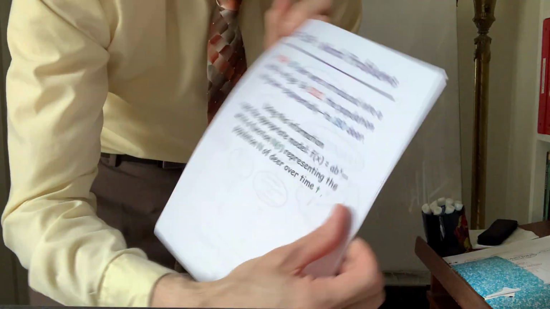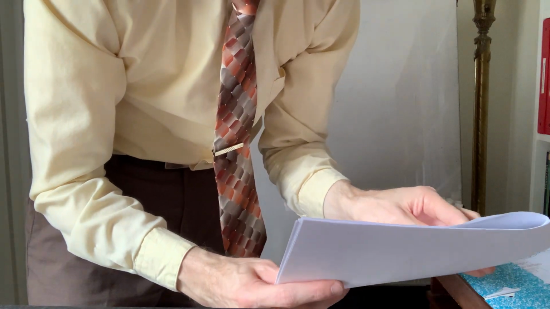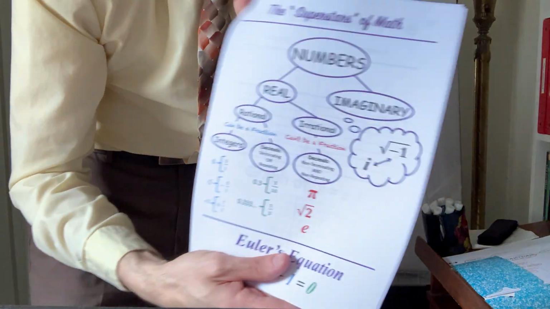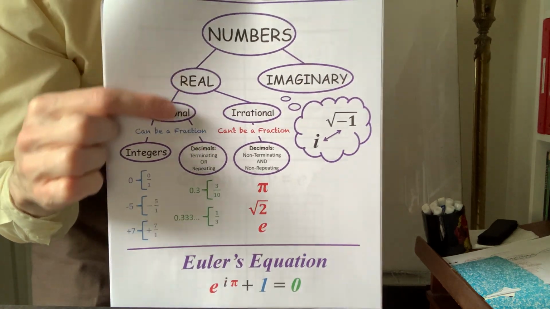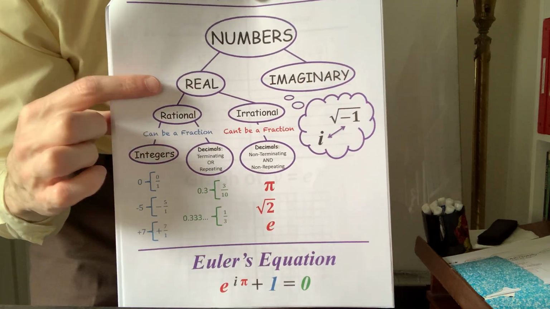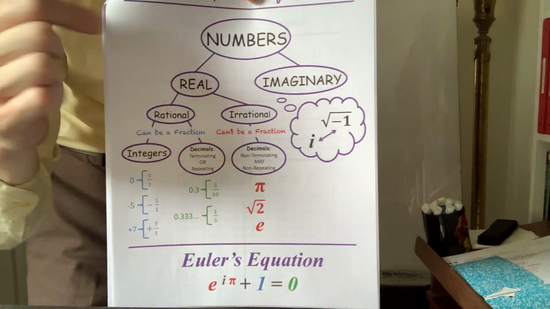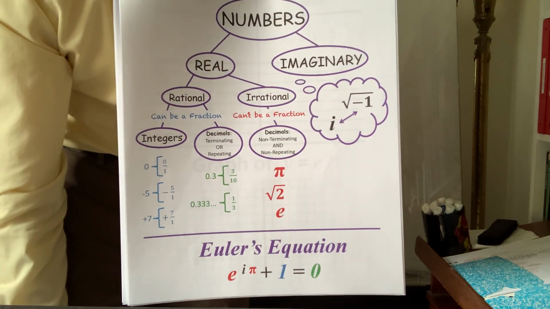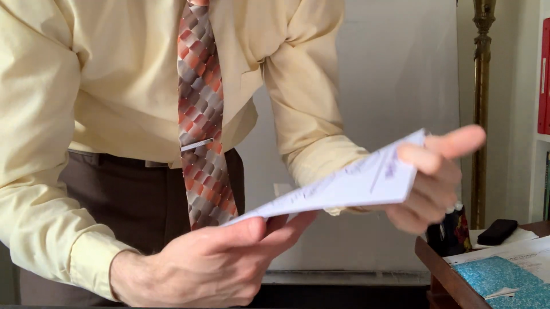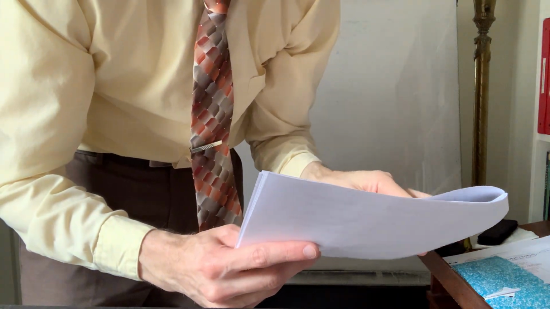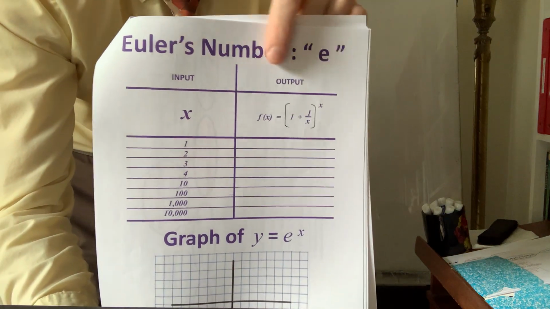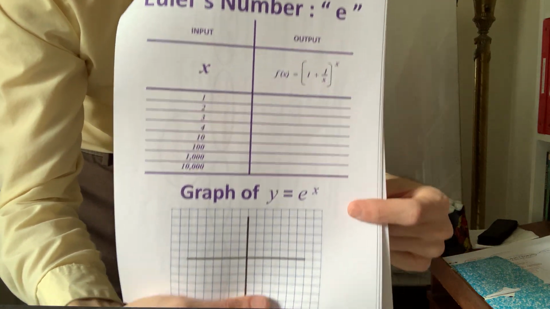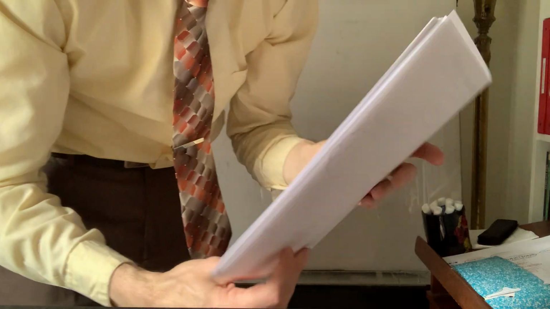There's some word problems to walk you through that. This is a diagram I made to summarize the numbers that we deal with. Primarily we're dealing with real numbers, of course, but in theory, especially if you go into calculus, you might see imaginary numbers. We're going to be introducing e today, so it seemed appropriate. Here's something of a worksheet to explain where e comes from and the graph that it would produce.